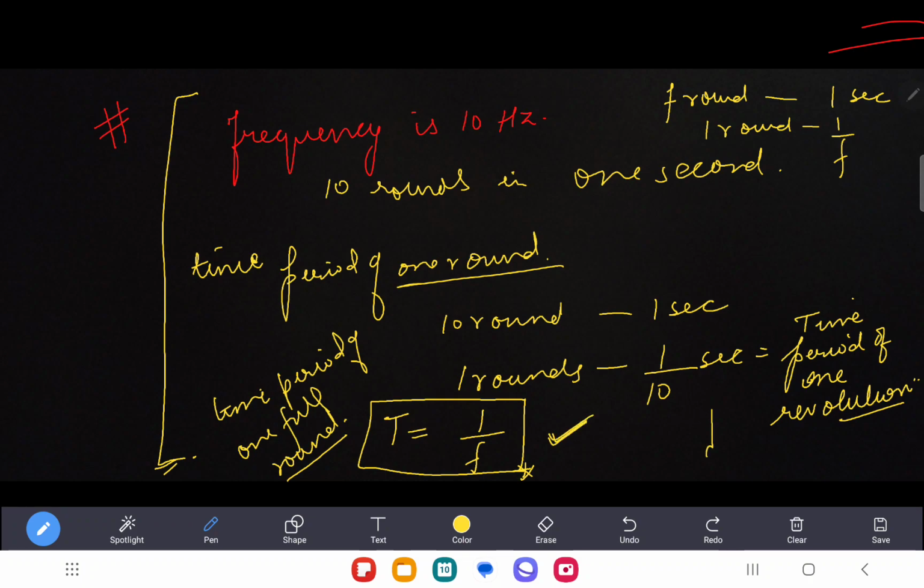How much time you take to move one full round is called the time period.